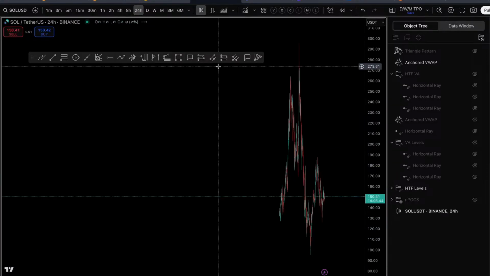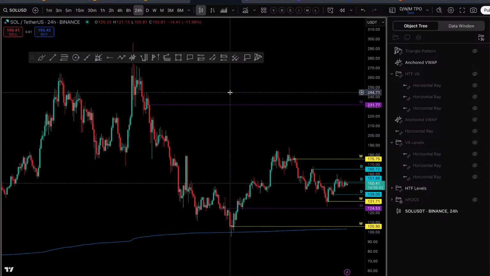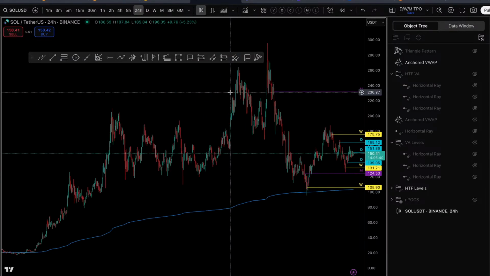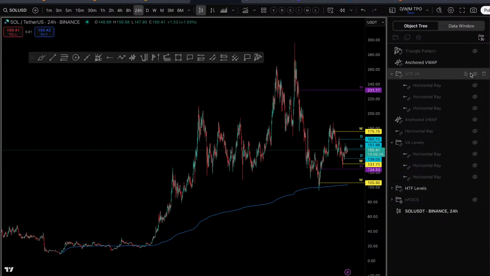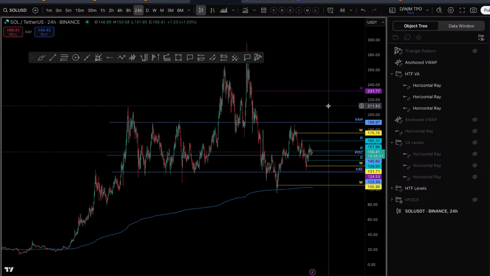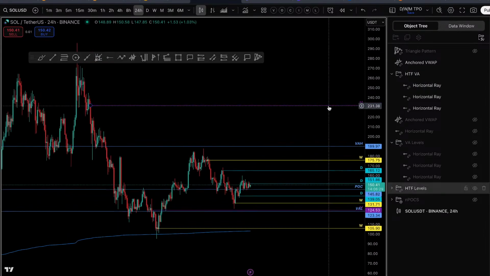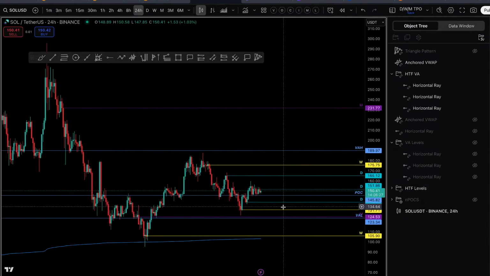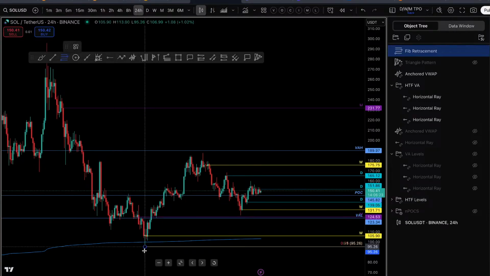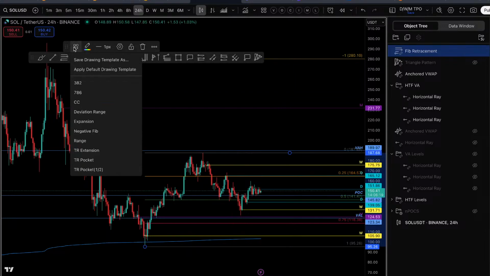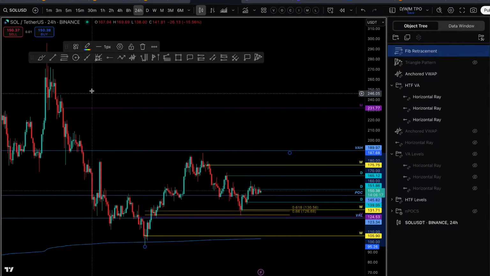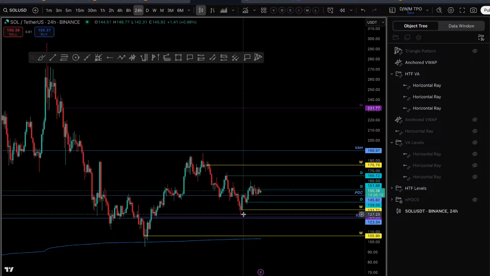Can I try to break this down into ranges? This range. We have not yet hit this. Yeah, we did hit that though.